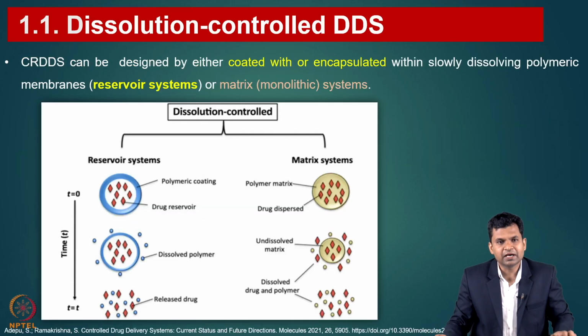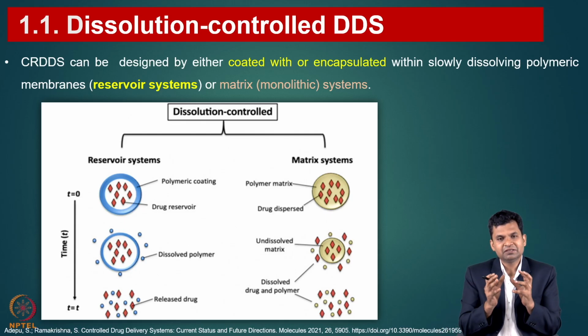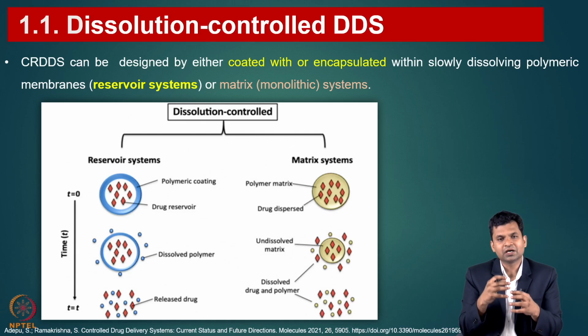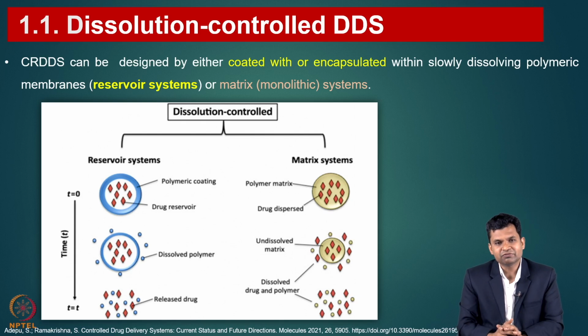As we know, in controlled drug release systems, we take the drugs and coat or encapsulate them in some polymer to control the release. As we studied in our first class, these systems release the molecules at a predetermined rate.